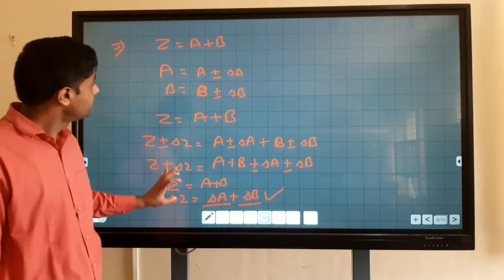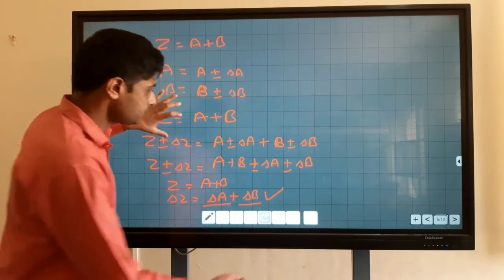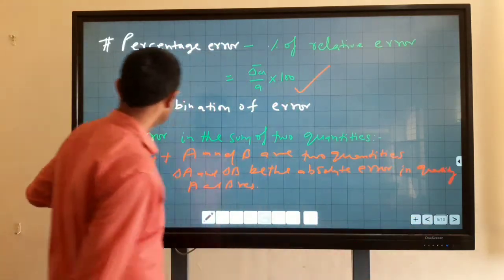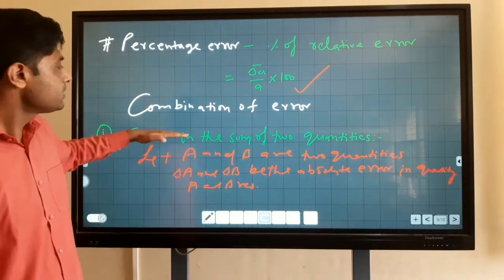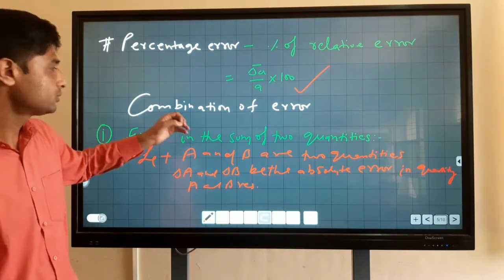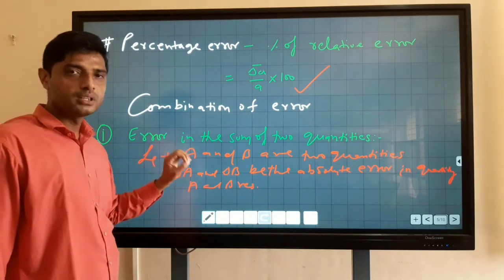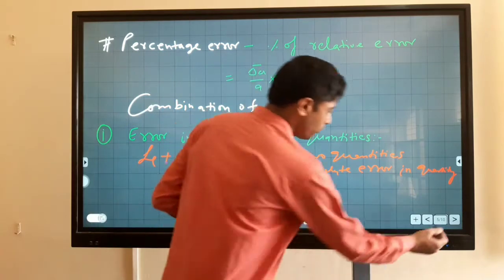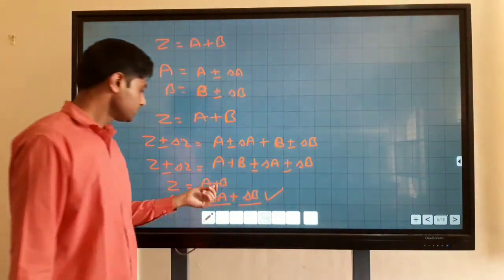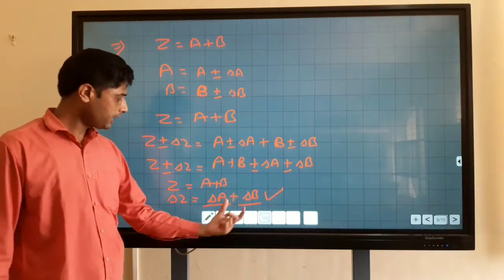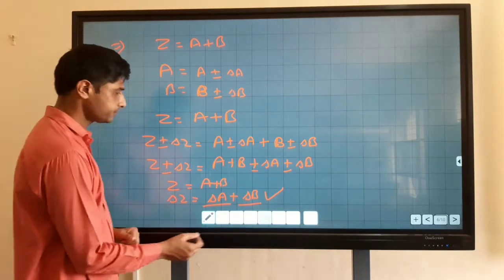So error in the sum of two quantities: the sum of error is equal to the sum of individual error. Okay.